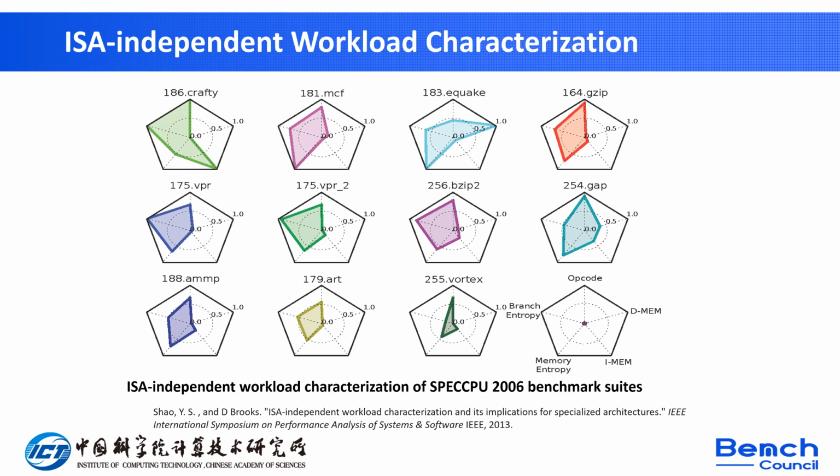The figure is a comparison of 5 ISA-independent metrics across SPEC benchmarks, ordered by the area of the program, and similar areas indicate more regularity in the metrics.